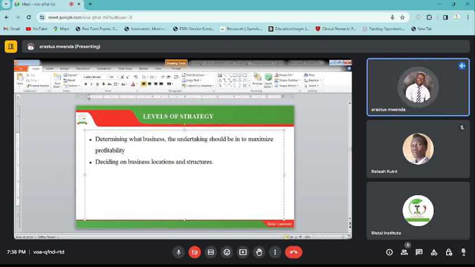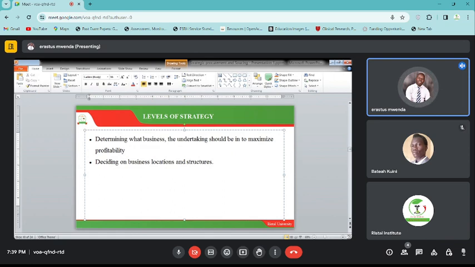It seeks to offer quality products or services, at the same point give customers the appropriate pricing, and also consider the aspects of time. So we are focusing on gaining what we call competitive advantage when we are using this particular model.